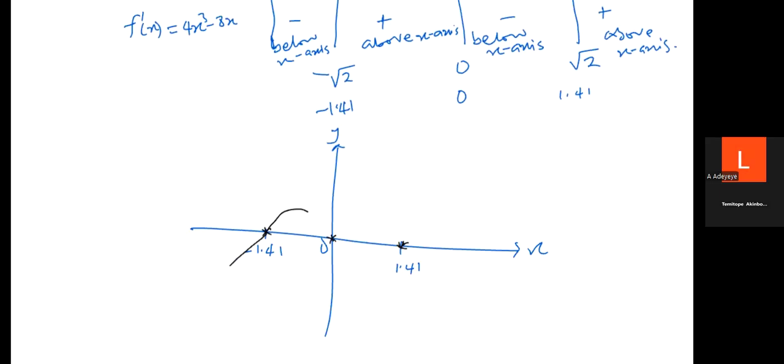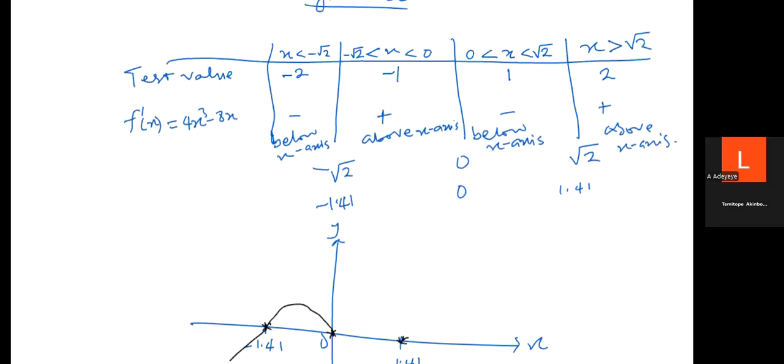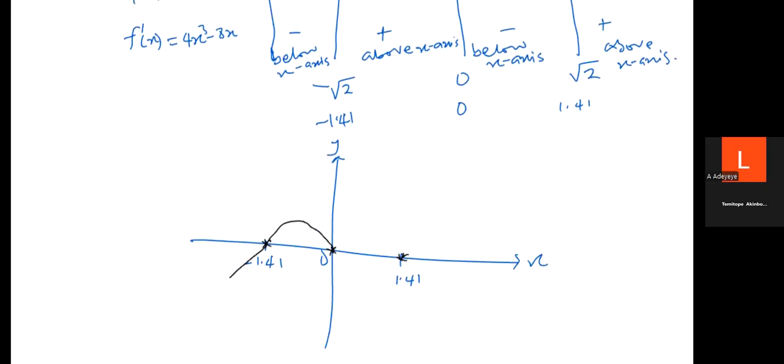Can you see that? Yes, sir. Then from 0 to root 2, that's 0 to 1.41, is going to be below again. So we are going to have it here. Then above. So you can see the graph now. So this is f prime of x.